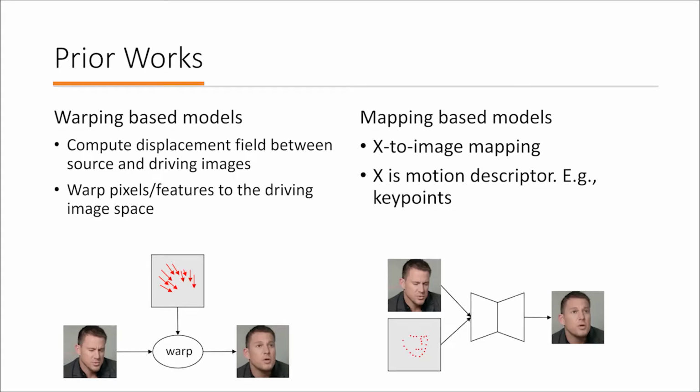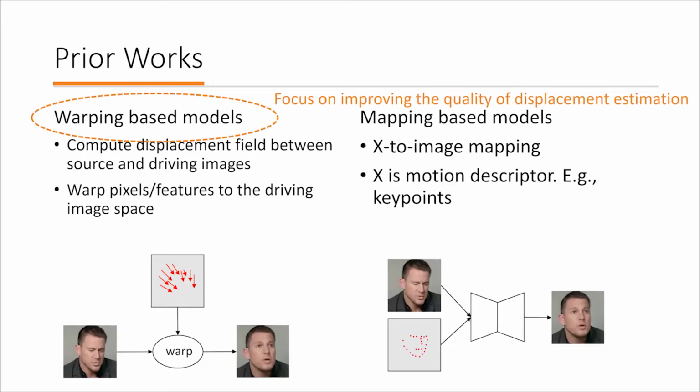Mapping-based models generally perform a mapping from X to an output image conditioned on the identity and appearance of the source image. This X can be any motion descriptors; facial key points and landmarks, and their variants are often used in the literature. In this work, we will be focused on warping-based models, and we will try to improve the quality of displacement estimation for this type of method.